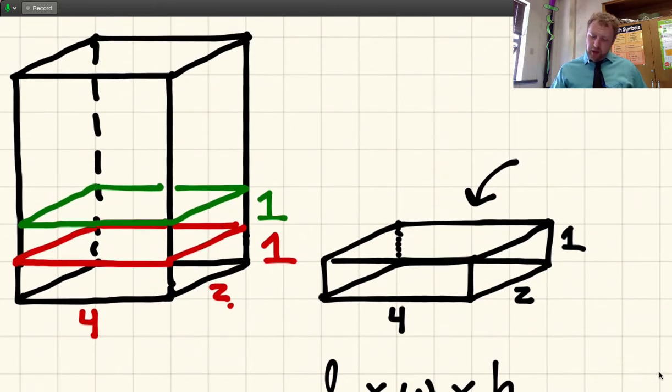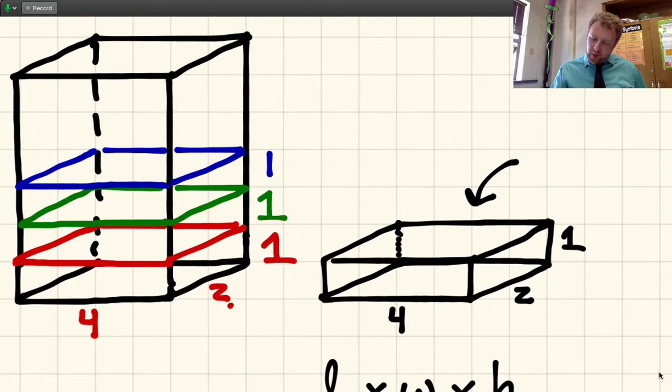Okay? So I know that the bottom one has a volume of 8. I know that the next one up has a volume of 8. What about if I added another layer here that's 1 high as well? What would its volume be? 8.